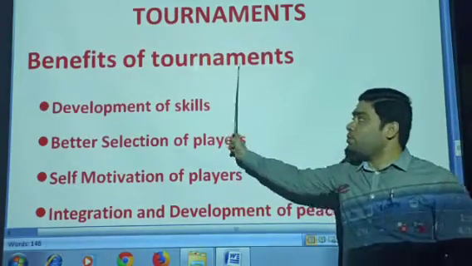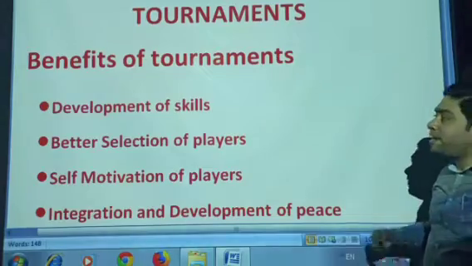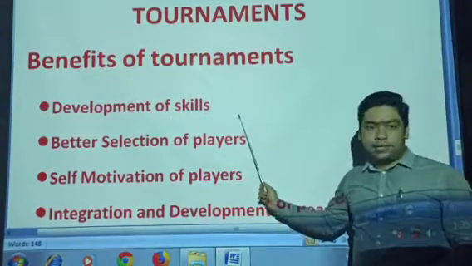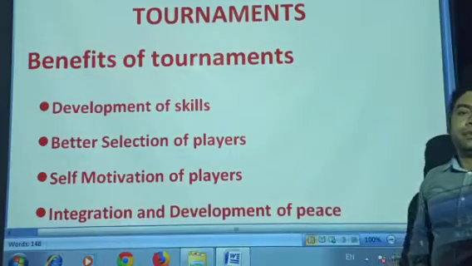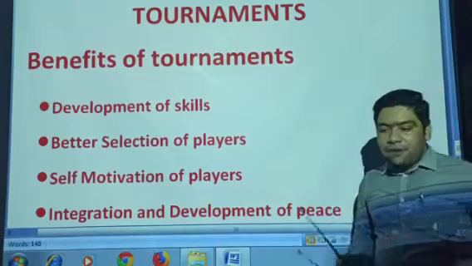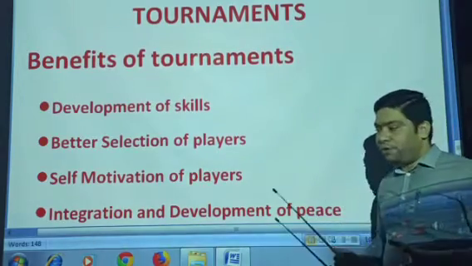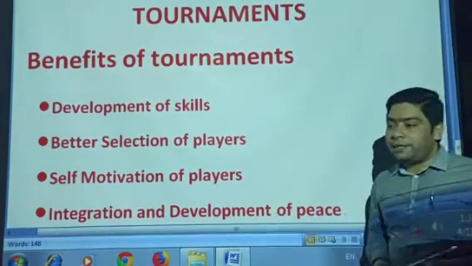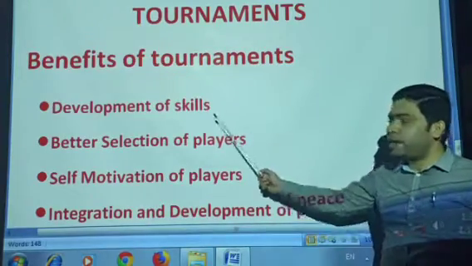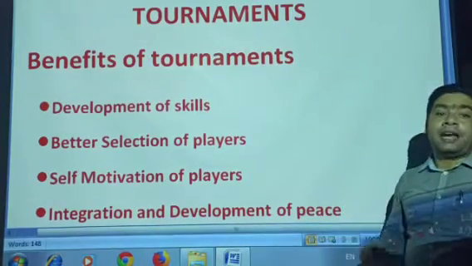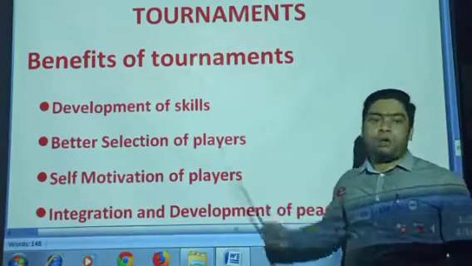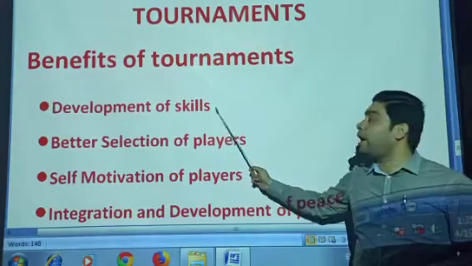So, benefits of tournaments. Here we are discussing the benefits of tournaments. The first one is development of skills. It develops the skills of players, because a player never finds out how capable he is. But when he meets other players of the same game, then he identifies how passionate or how efficient he or she is at the game.